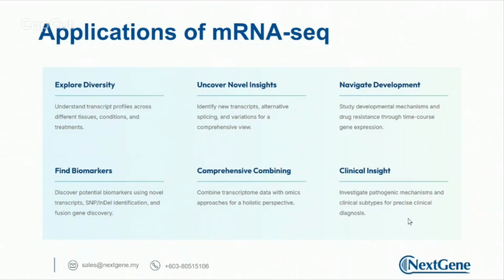With all this, we are able to look into clinical insights. So RNA-seq is quite useful in many different conditions. Whenever we want to study gene expression under different conditions to see which genes are responsive to a certain condition, then RNA-seq will be helpful.